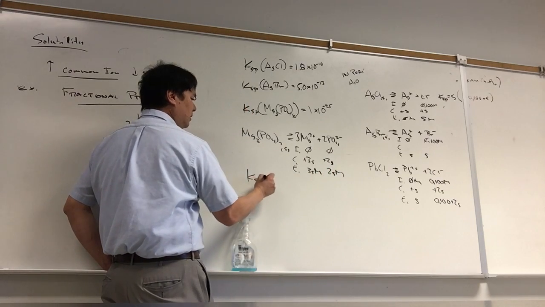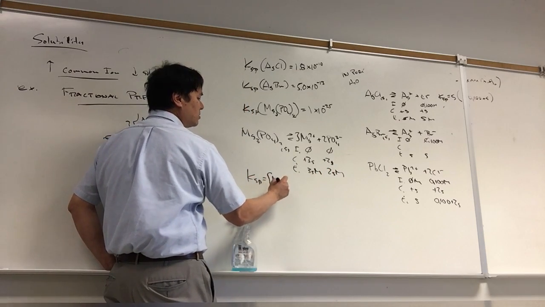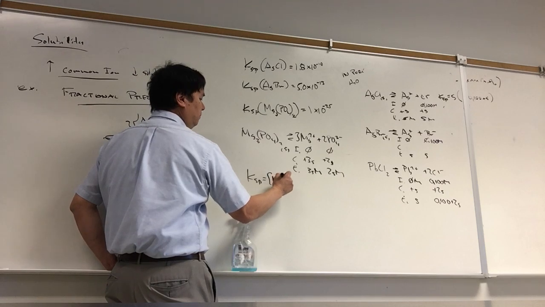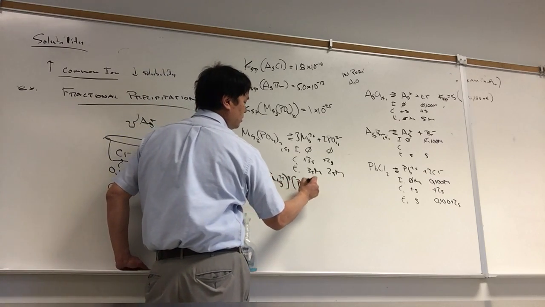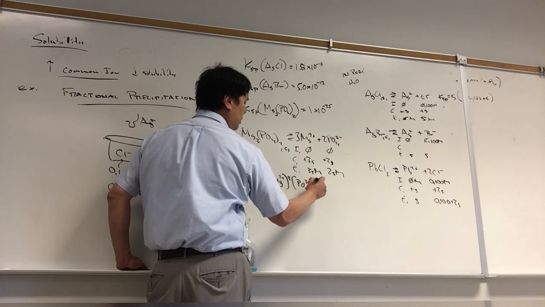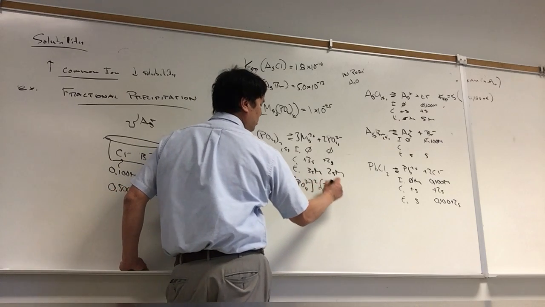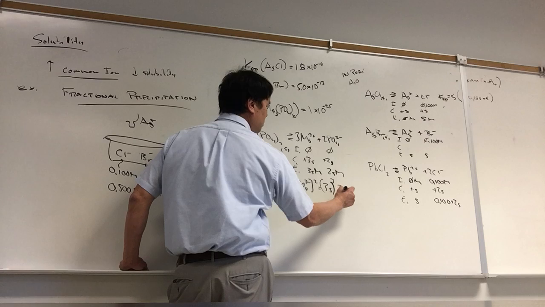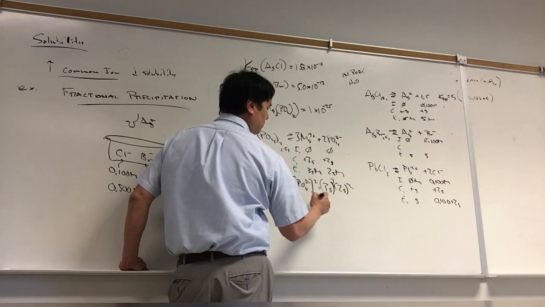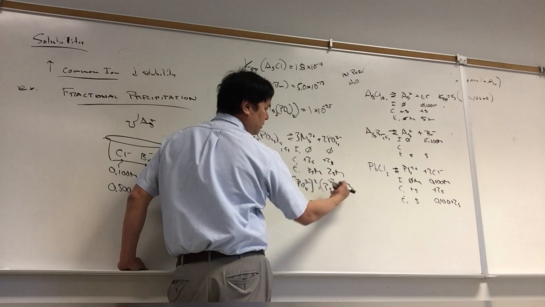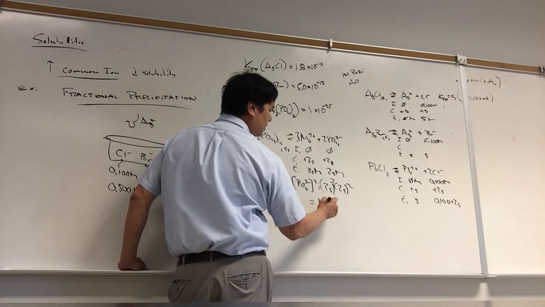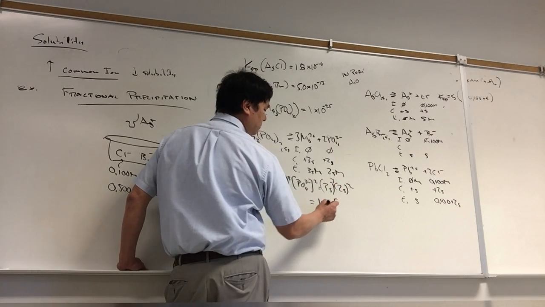And so the KSP here is going to equal the magnesium concentration cubed times the phosphate ion concentration squared. So this is going to be (3s) cubed times (2s) squared. 3 cubed would be 27, times 4 is 108 s to the 5th.